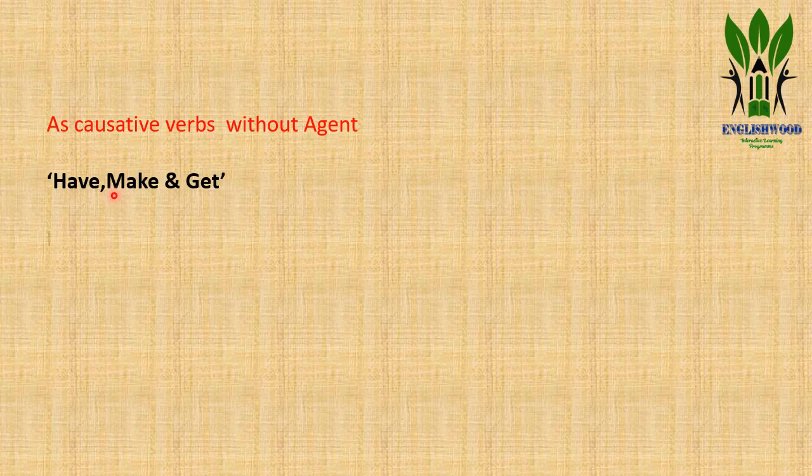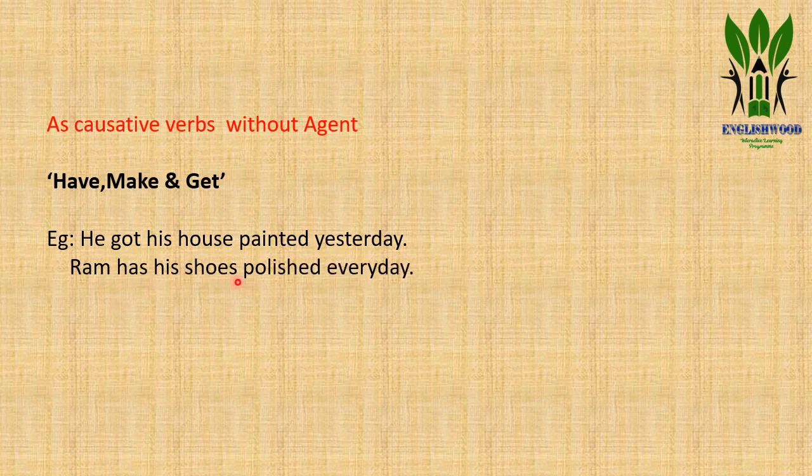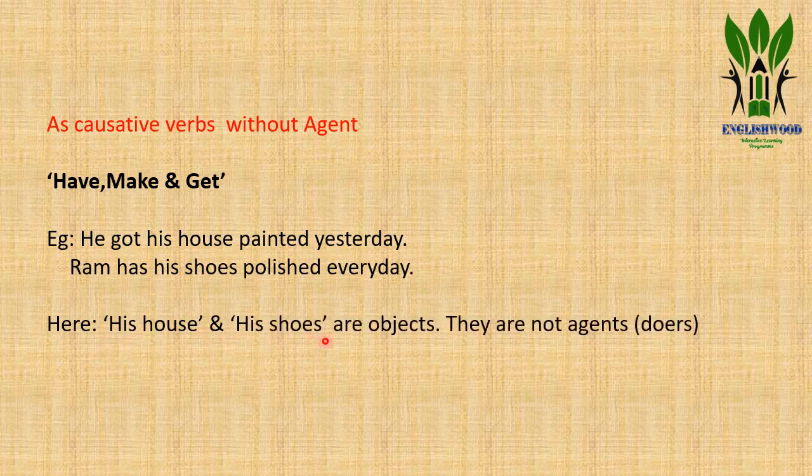Now, the same again as causative verbs without agent. When there is no agent, how is the structure? The third structure is without agent. We have discussed already. This is just a revision. Another way, he got his house painted. So no agent. When a causative verb comes with the object, then it is always verb 3.